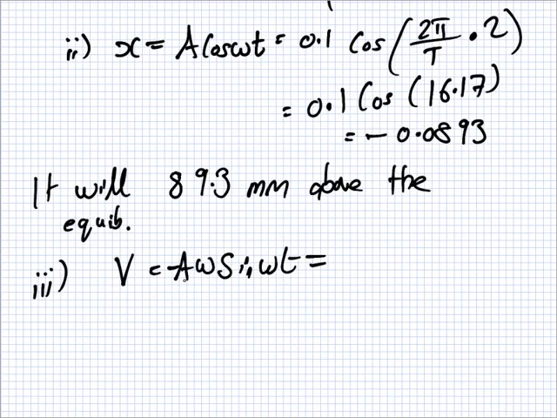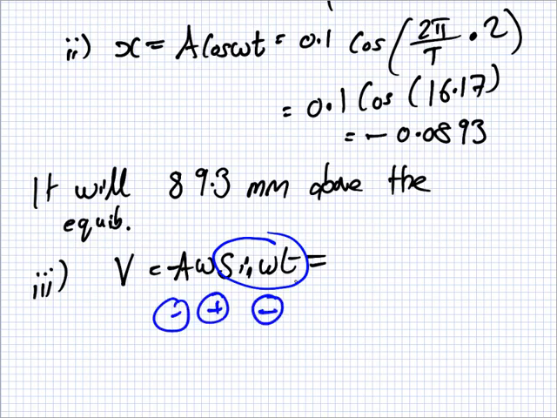In fact, I only care about what this is because I only care if it's positive or negative. So sine of 16.17. So this is a negative, this is a positive, and this is a negative. So the total will be positive, which means it's heading down.